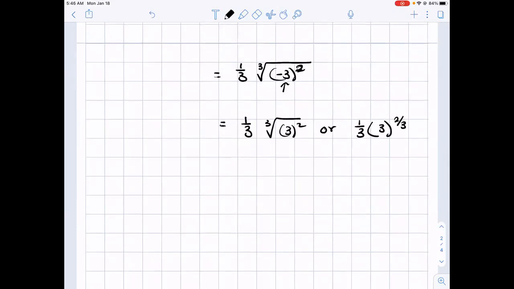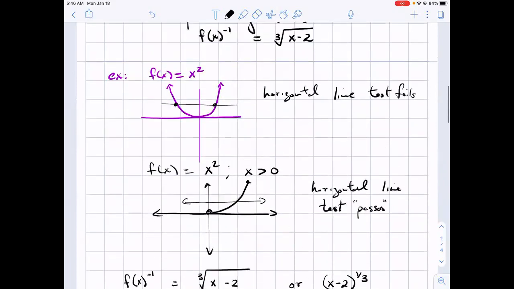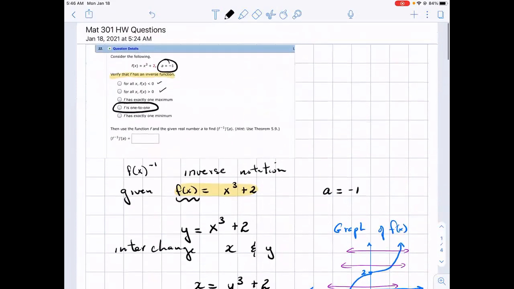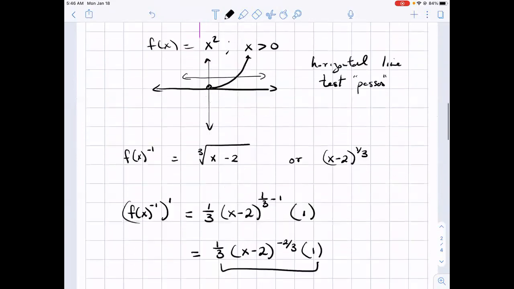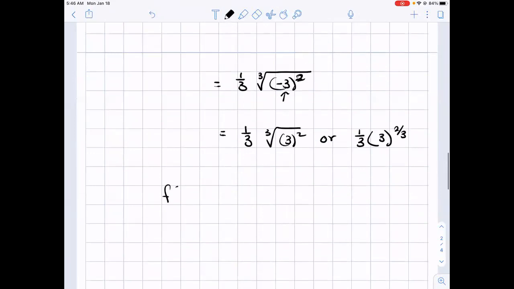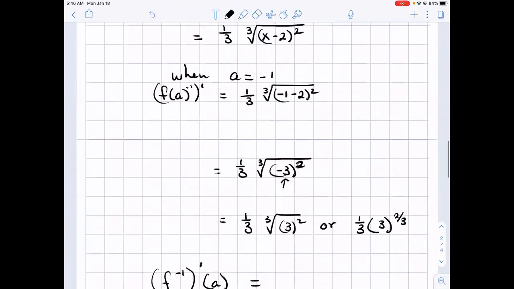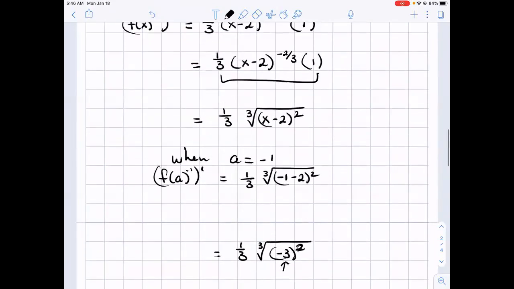So the way they format it, f to the minus 1 prime a, the derivative of the inverse at a, is equal to, there should have been a minus because this is minus here. All of this is over 1.